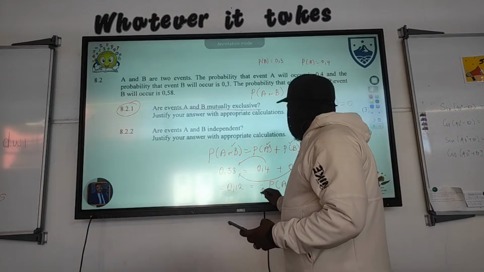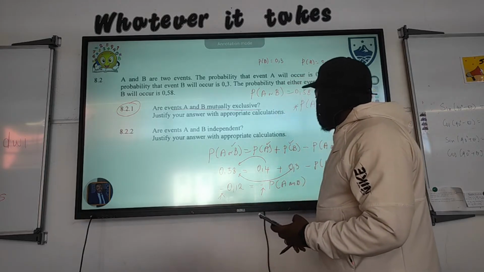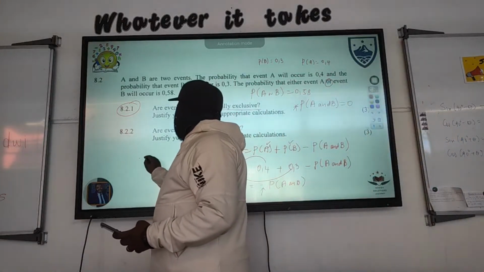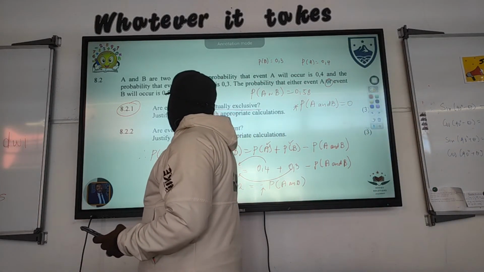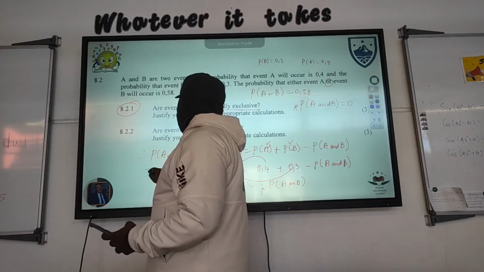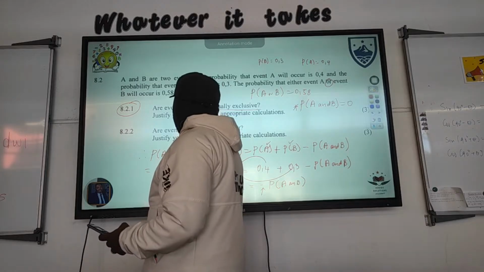We see both of them are negative, so we can divide by negative 1, and therefore we can conclude the probability of A and B is equal to 0.12.